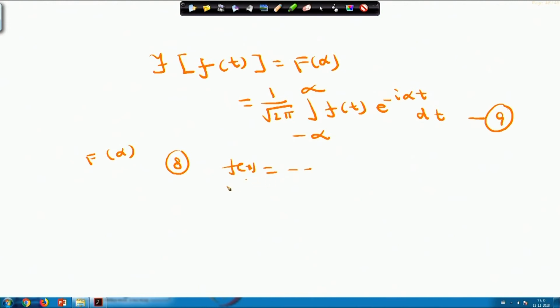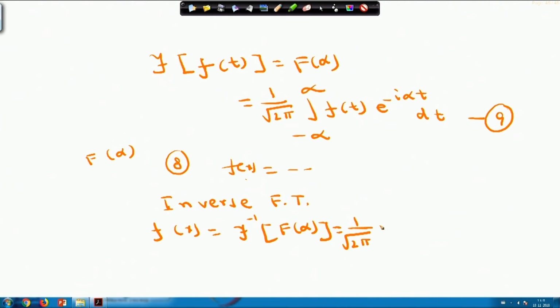So equation 8 is known as the inverse Fourier transform of f(x), which we write as f(x) equals Fourier inverse of F(alpha), equals 1 by root 2 pi, integral from minus infinity to infinity of F(alpha) e power i alpha x d alpha. This is equation 10.